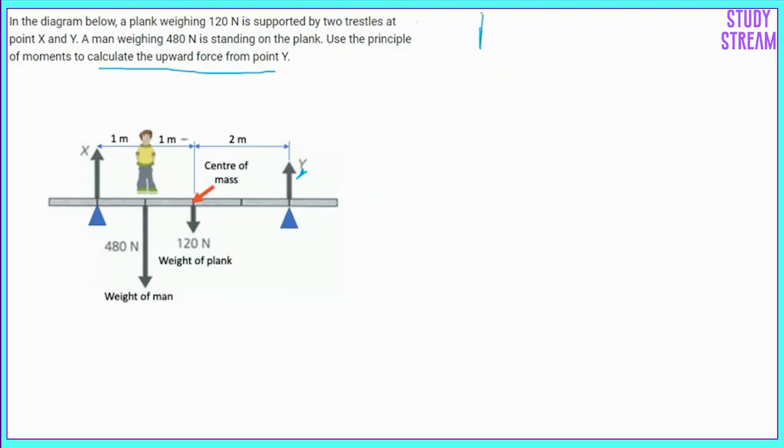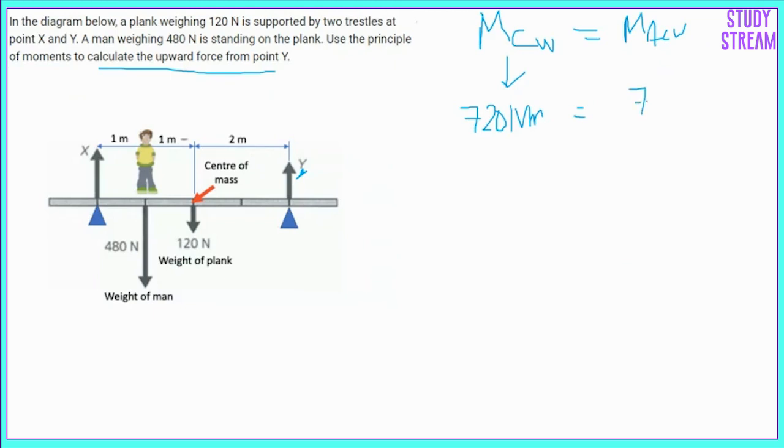we can say that the clockwise moment and anticlockwise moment are equal. So right now we found this clockwise moment to be 720 Newton meters, right? Okay, so now we can say they are equal because this beam is balanced, or in equilibrium.